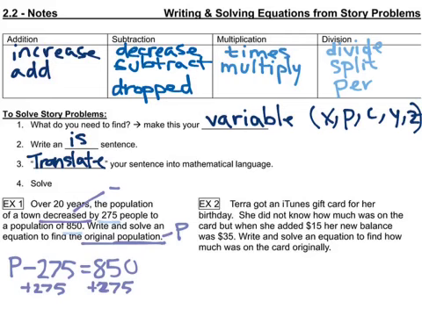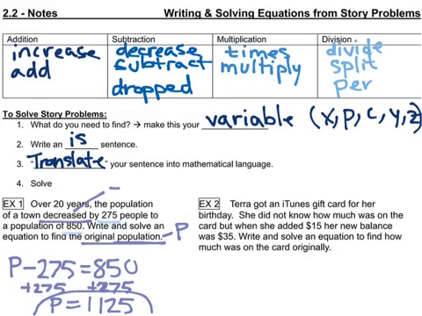And so P minus 275 plus 275 is just going to leave me with P, so the only other thing I have to worry about is this 850 plus 275, and we get P equals 1,125. And that's my answer for that one. All right? So, these are the steps to follow, 1 through 4. Let's try the other one.